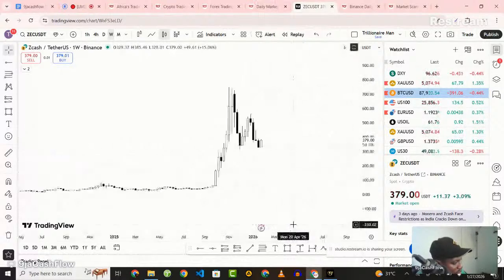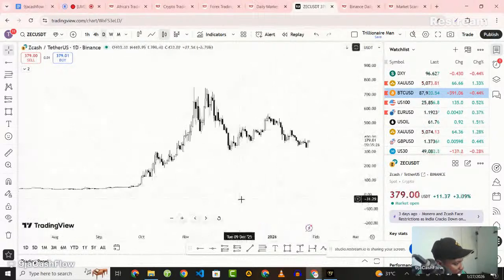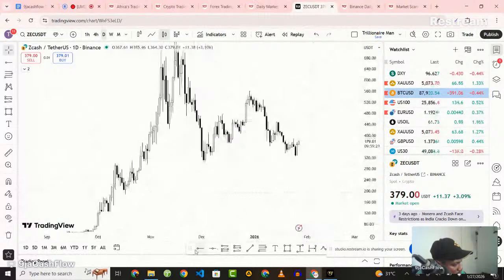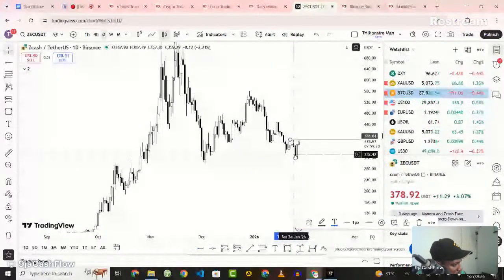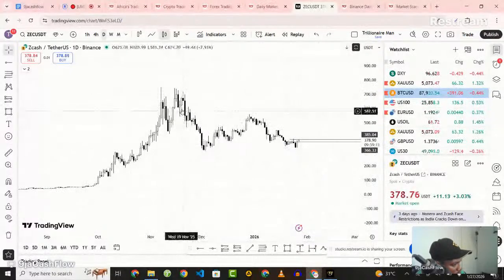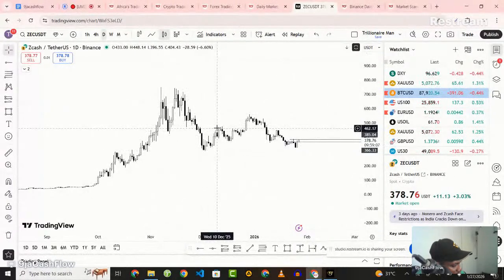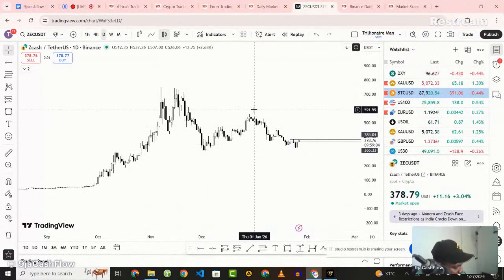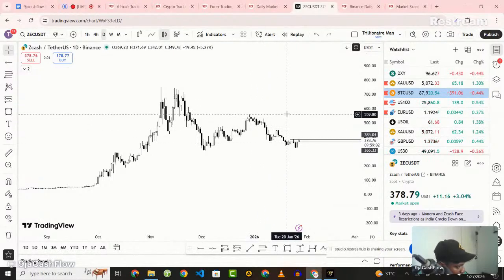But throughout this week, we came to this high. Let's come to the daily. This is today's high. This is today's low. Lower low, lower high, lower low, lower high, then higher high, higher low, then lower low, lower high again.